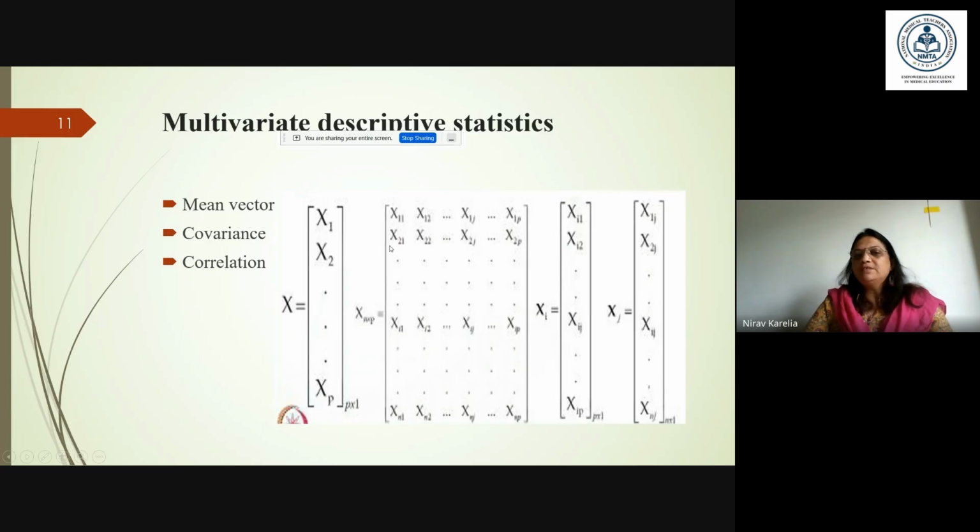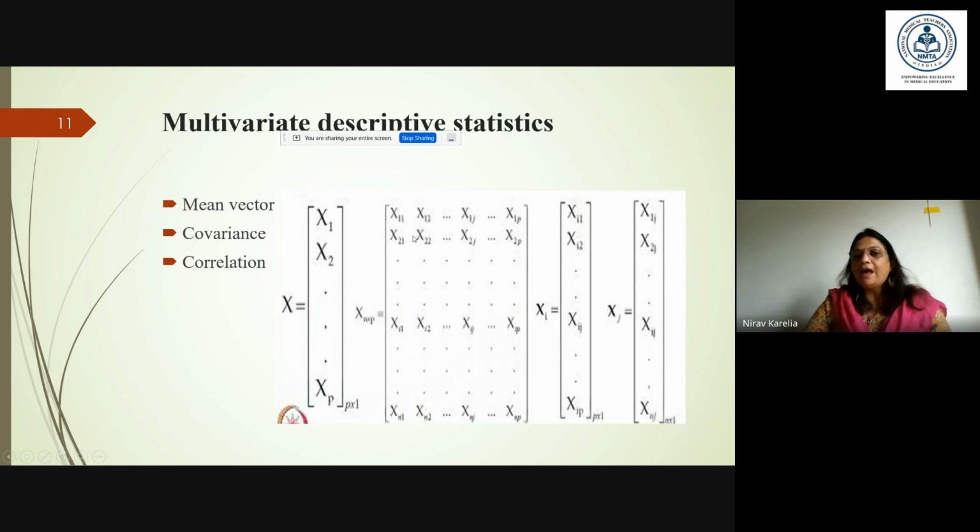Now, what happens when you consider more than two variables? Then importance is given to the covariance: in the presence of one variable, how another variable reacts, and what the association between the variables is. This is the most important thing, covariance and correlation, and they are measured simultaneously. It is not that I first measure one pair. Suppose there are 5 variables and I take the first 2, age and sex, and find the covariance and whether they are correlated or not.